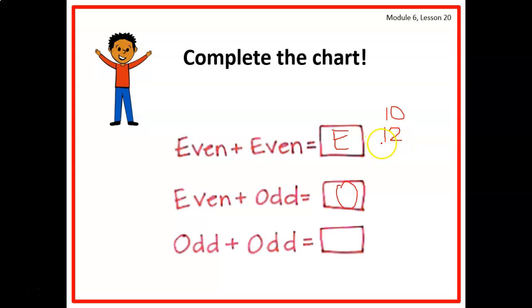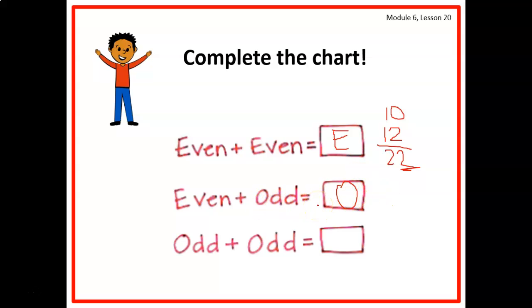Yes, even. So what is 10 plus 12? Yes, it's 22. So, is 22 even or odd? Yes, it's even, boys and girls. We look in the ones place and you see there's an even number.